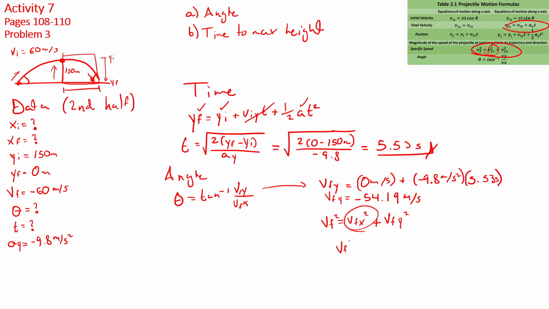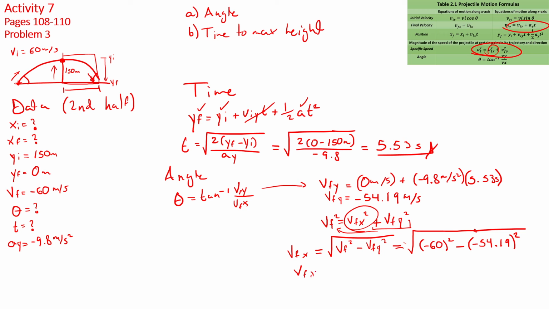So it will be final velocity squared minus final velocity in the y-axis squared, because this is positive, we pass it to the other side as negative, and that will be equal to the final velocity in the x-axis squared. I take the square root to eliminate that, and it will be equal to the square root of minus 60 squared minus 54.19 squared.